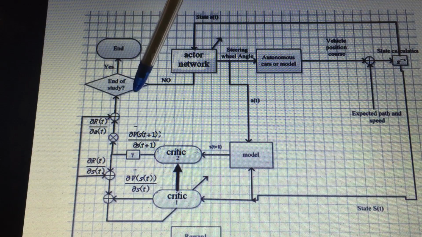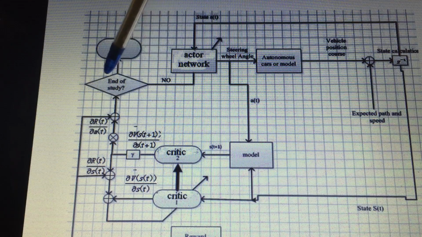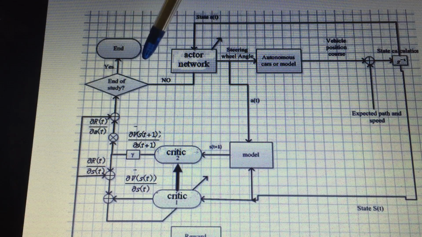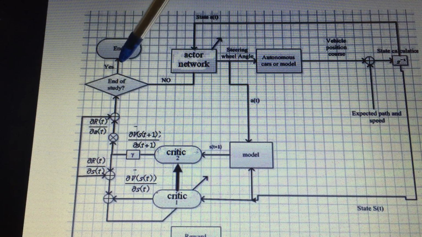We have to make the decision to reach the end of the studies to make the actions.